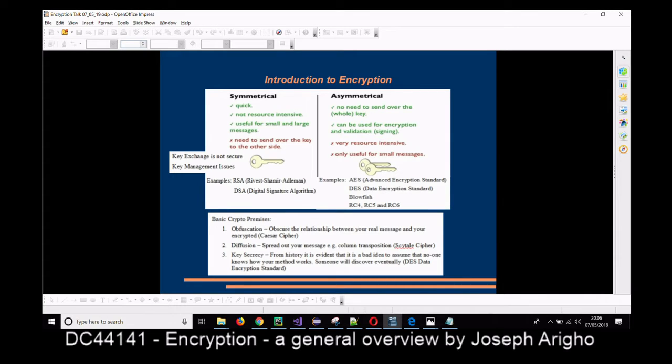So asymmetrical encryption has actually been around for a lot less time than symmetrical encryption. Only in the last, say, 30, 50 years, whereas symmetrical encryption has been going back for millennia. It was a massive discovery when it came in, and involves two sets of keys.